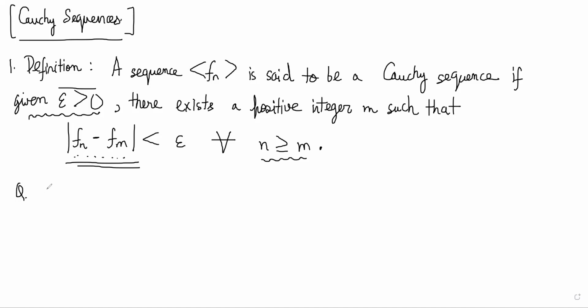Prove this. The sequence 1 by n is a Cauchy sequence.